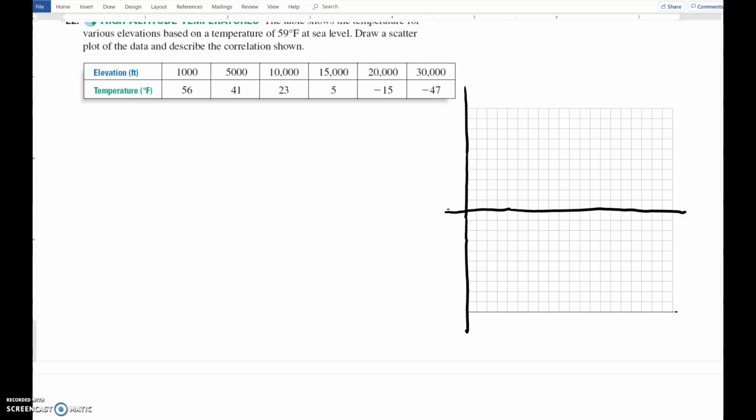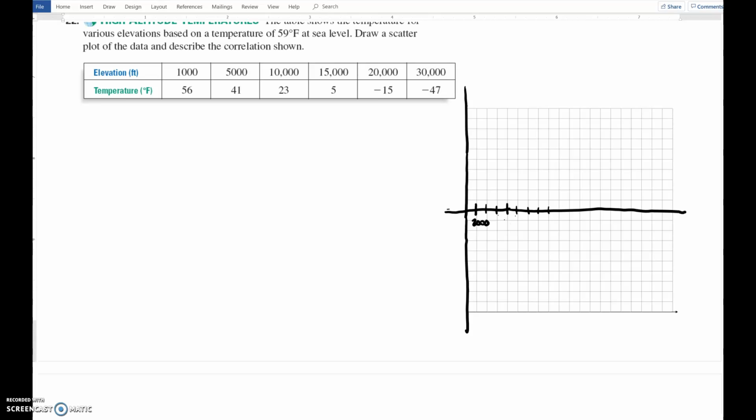Anyone have any suggestions for how we should scale the x-axis? There's not 30 boxes, so we can't just do 1,000 per box. Could we do 2,000 per box? So if this was 2,000, 4,000, 6,000, 8,000, this one would be 10,000, 12, 14, 16, 18, 20,000.